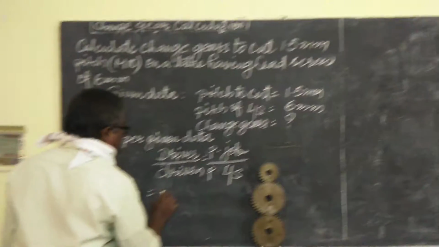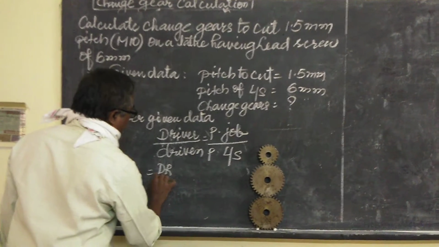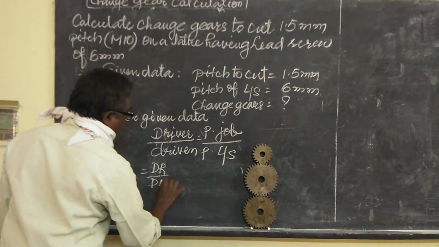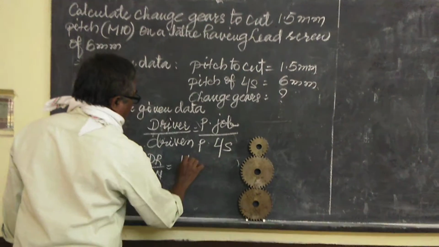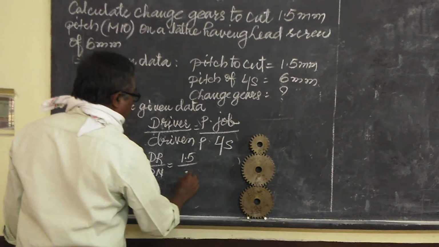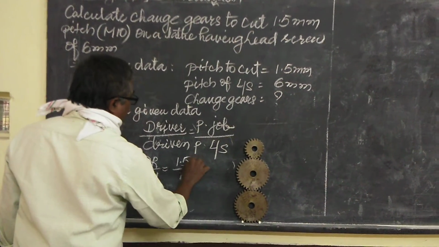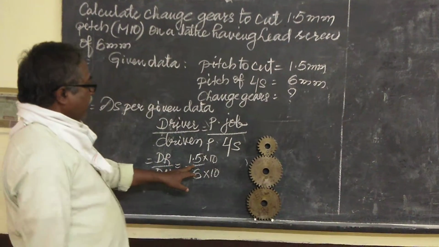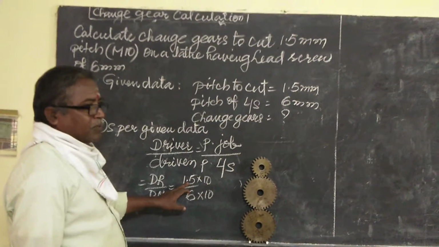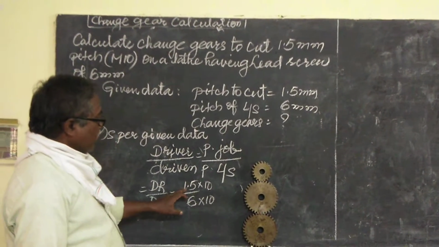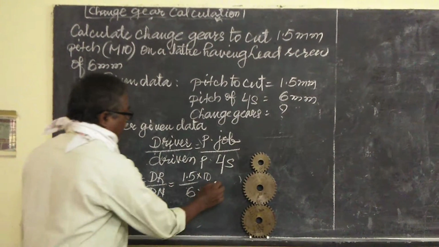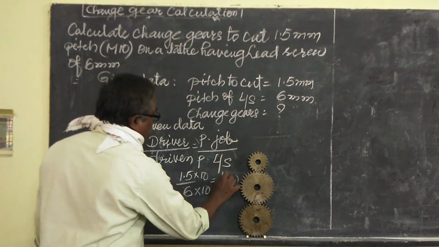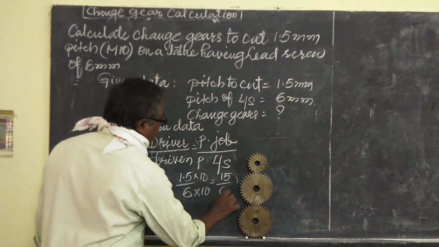So dr by dn equals 1.5 by 6, multiply by 10 by 10, because we wanted to remove this decimal point. To remove the decimal point, I am multiplying by 10. That is 15 by 60.